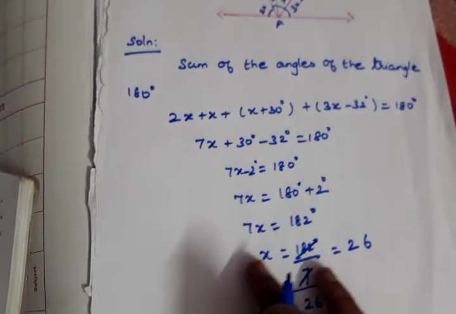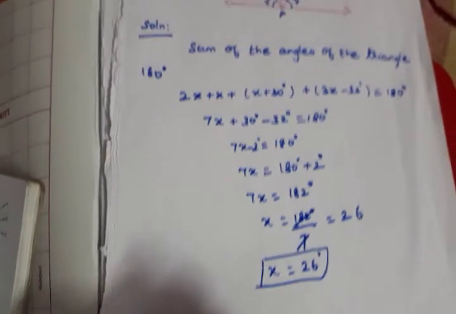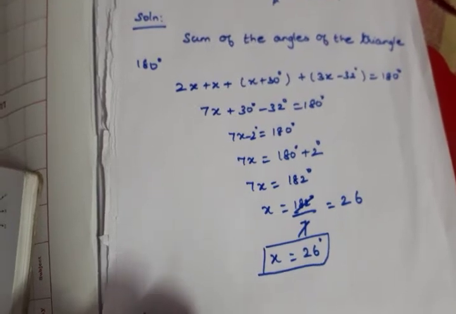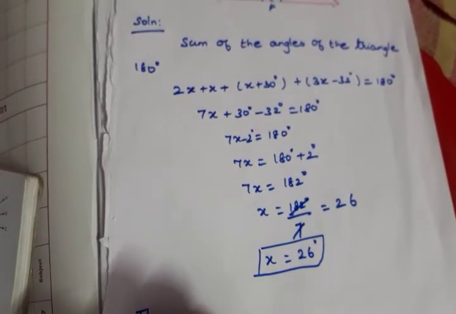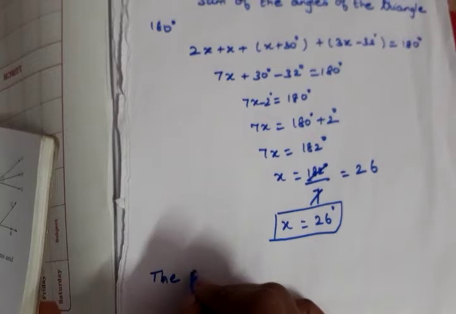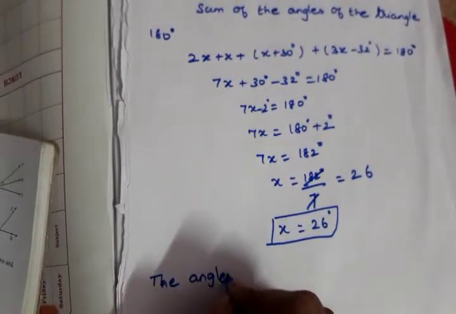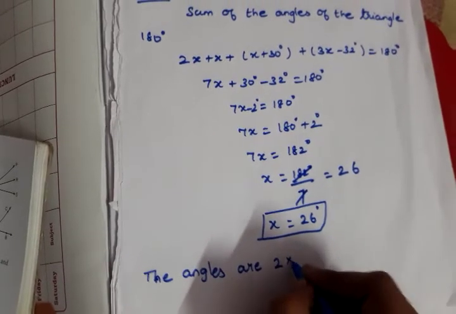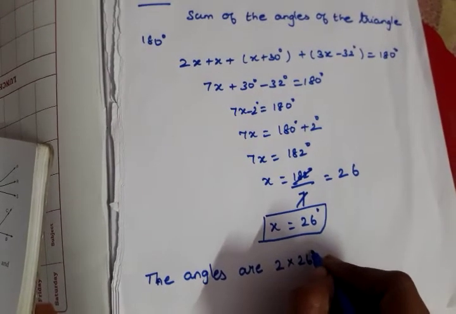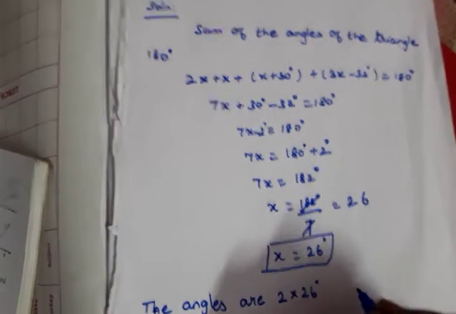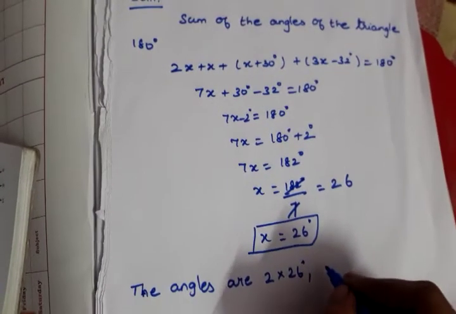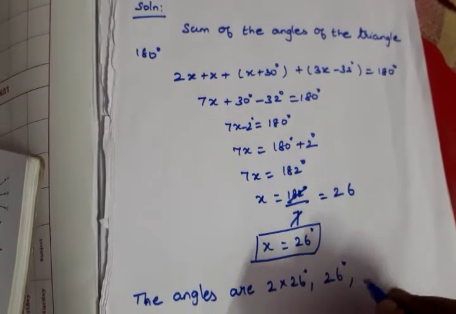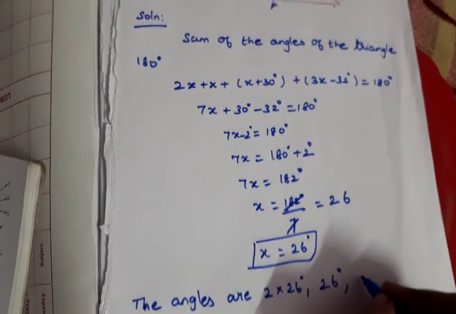Okay. Then the angles are 2 into 26 degree. Then next one is the x value, 26 degree. Then another angle is x plus 30 degree.